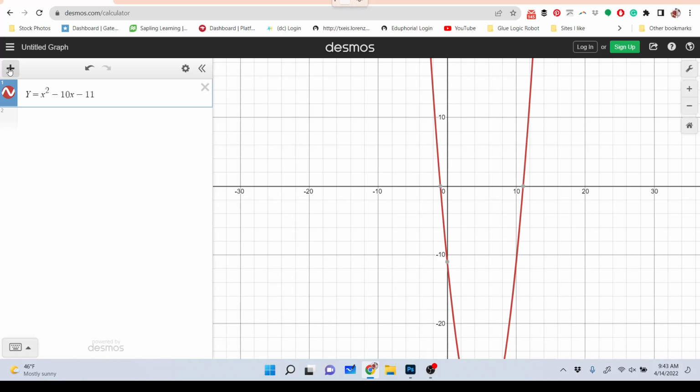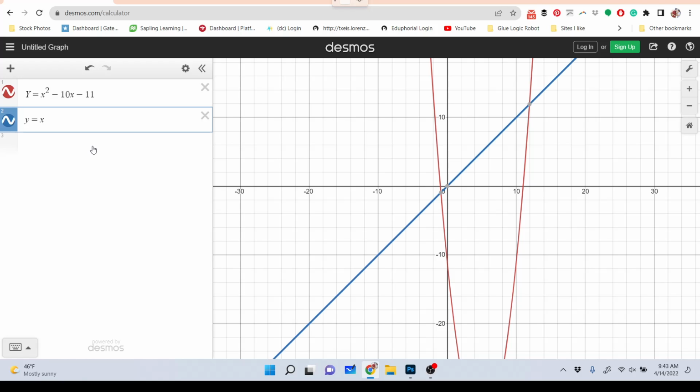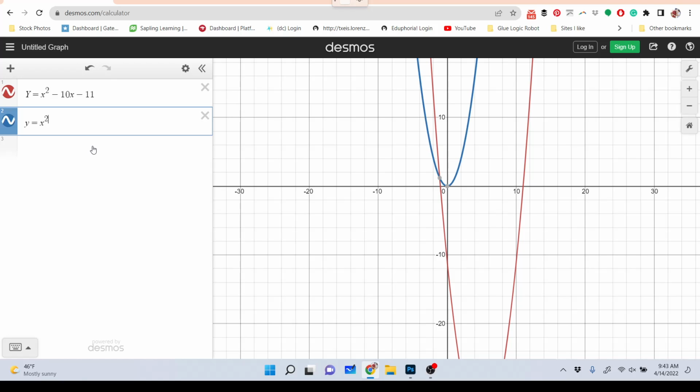So let's see what that looks like. Let's graph example 2. It would be y equals x squared plus 8x plus 16, right?